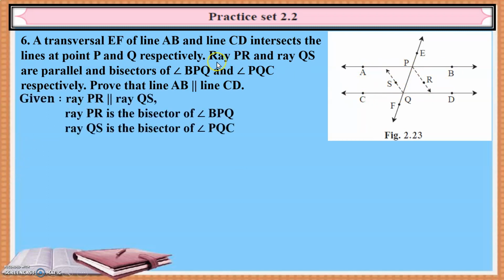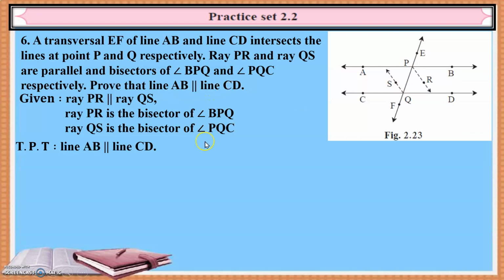Here it is given that ray PR and ray QS are parallel. So how do we write given? Ray PR parallel to ray QS. And it is also given that PR is a bisector of angle BPQ and QS is a bisector of PQC. So we have written this as three different statements. What you have to prove? Line AB parallel to line CD.